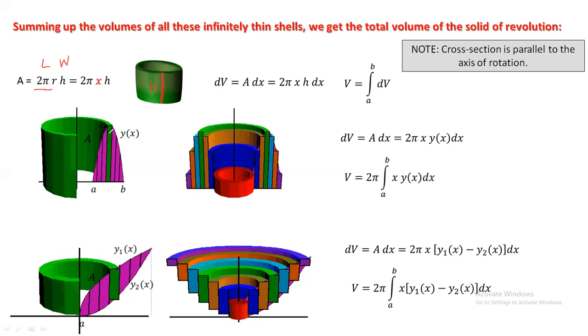It's the distance from here to here. That's x. So 2 pi x times this one allows you to determine the lateral area of this particular tube. So we are determining the lateral area.